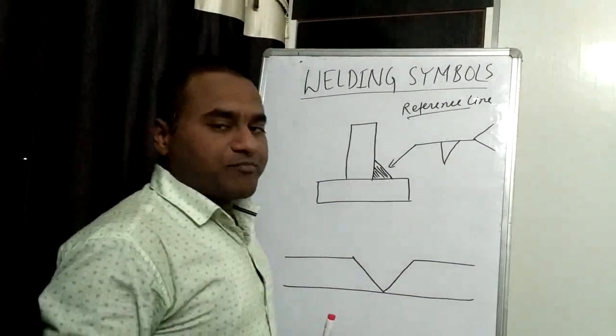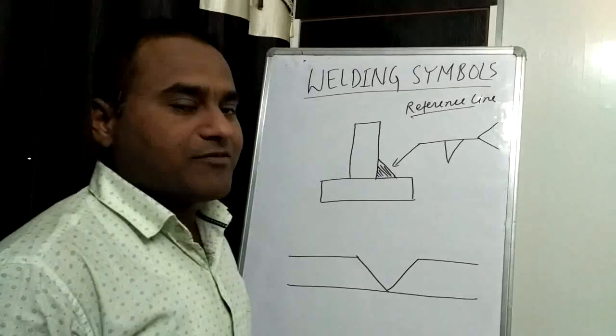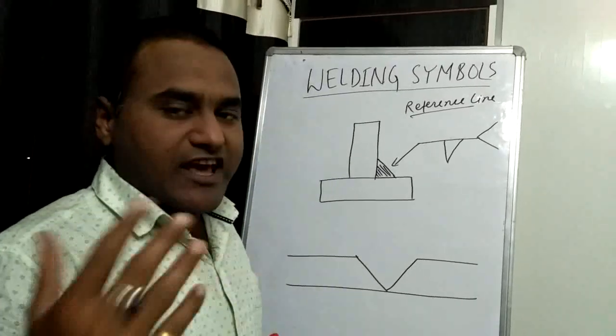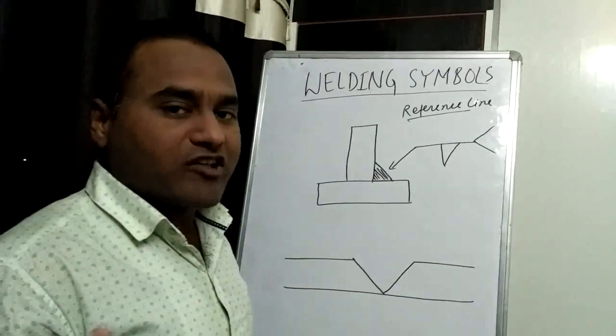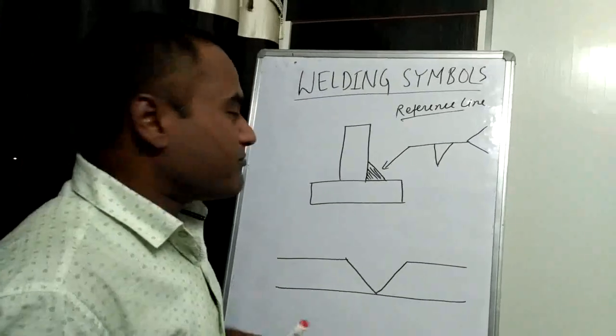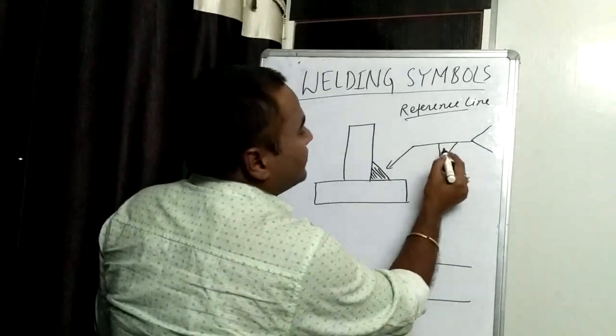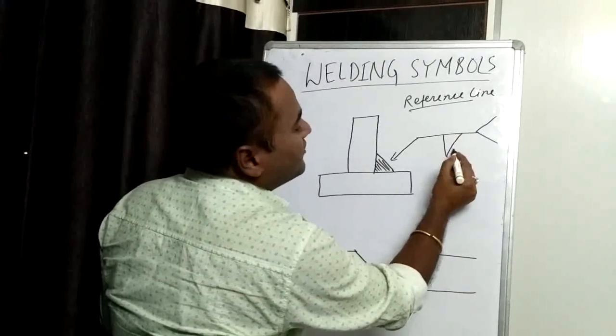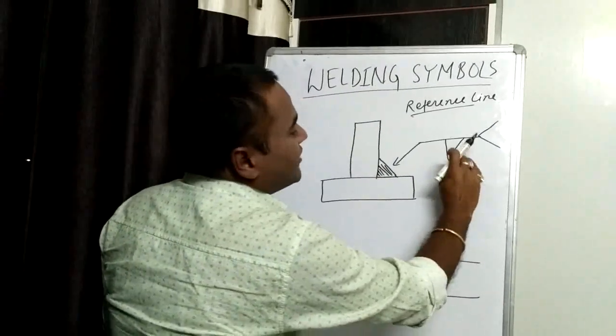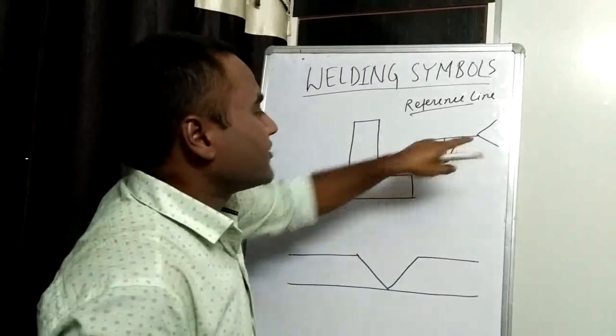Many elementary symbols and supplementary symbols are given on the reference line. I'll explain elementary symbols and supplementary symbols later on, but for your understanding, this fillet joint symbol is an elementary symbol. This elementary symbol has been provided on the reference line.